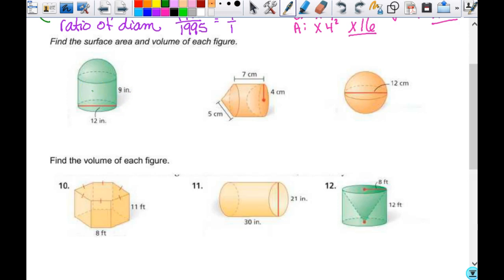Do you agree with that? Okay, so if I start with the lateral area of the cylinder, and I would need to add a circle, how many? 1 to get the bottom on there, plus I've got to find the surface area of the sphere, but I only want how much of it? Half.